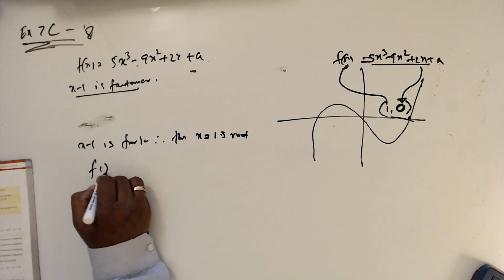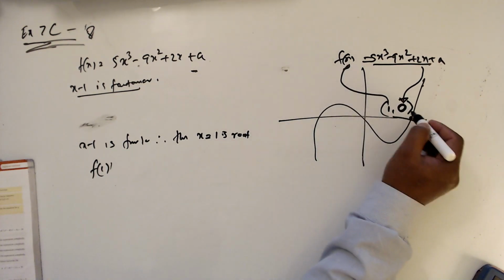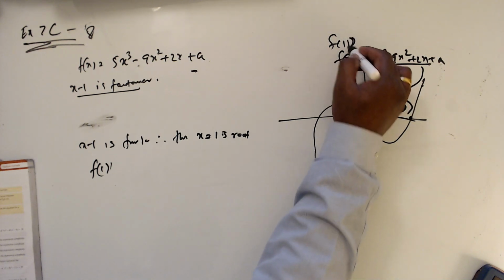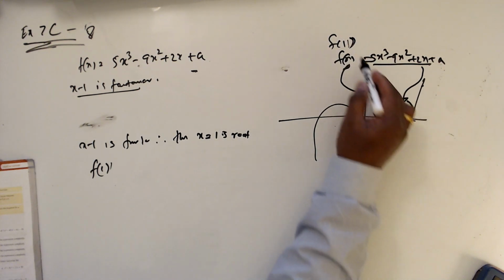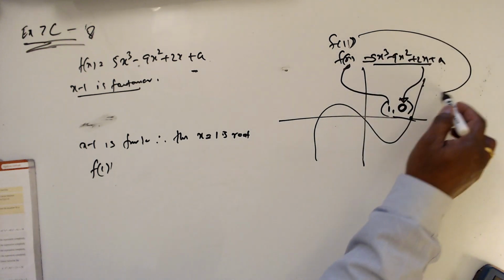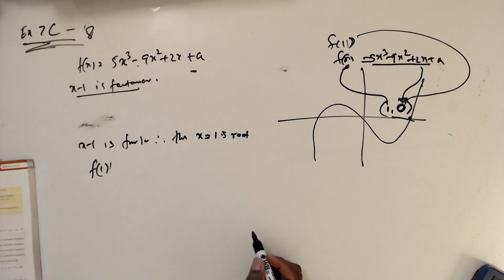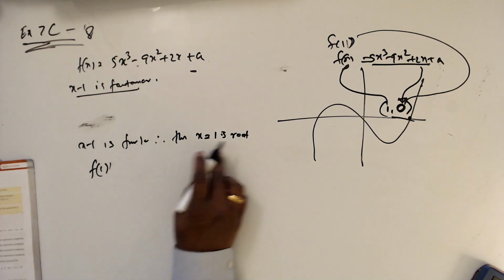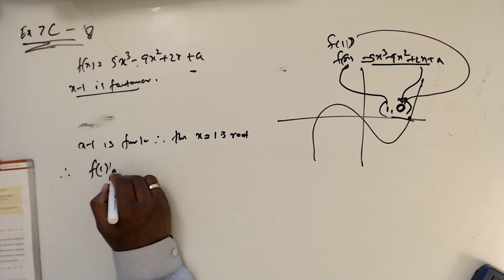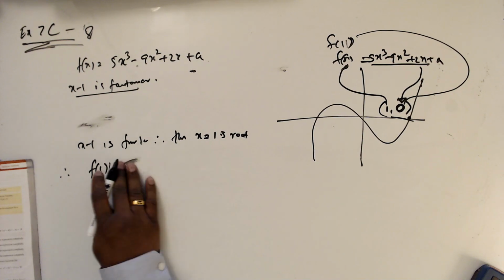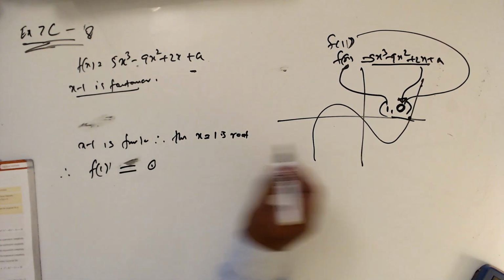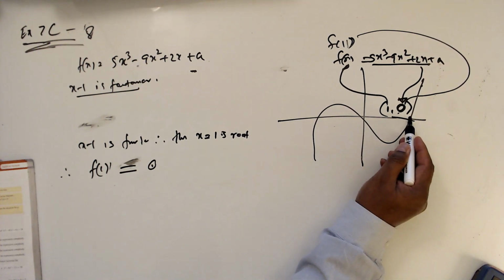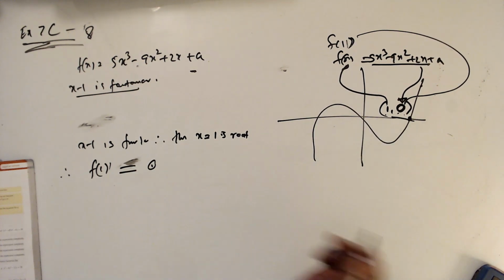When you substitute x equal 1, this will become f(1). f(1) has to be 0, because x equal 1 is a root. If it is a root, when x equals 1, y equals 0.